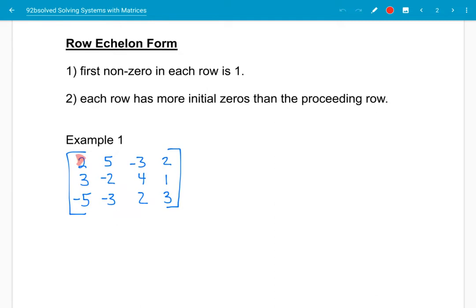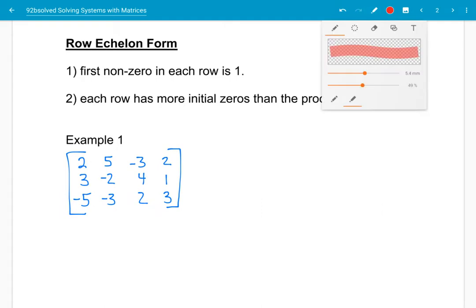So we need all these to be 1s and all these to be 0s. That's the idea, so we're going to do things to achieve that. That's called row echelon form, and I'll show you how that gives you the solution to the system. So this is the same augmented matrix we started with, so I'm going to erase that. We need the diagonal of 1s with the zeros down to the left.